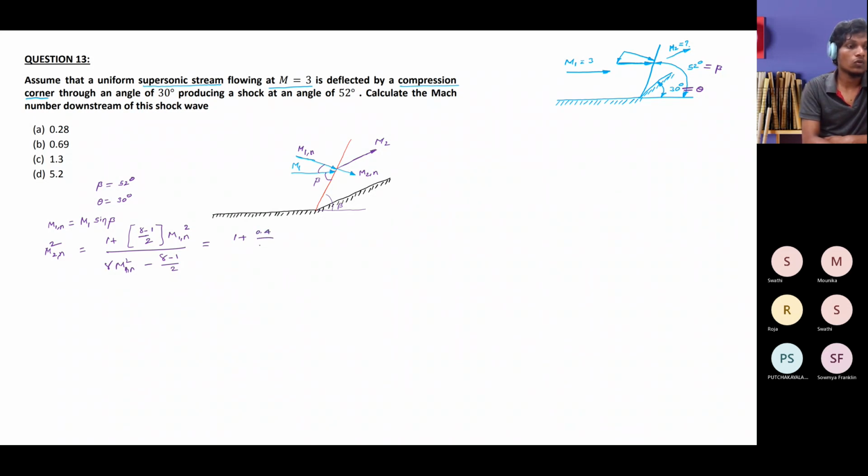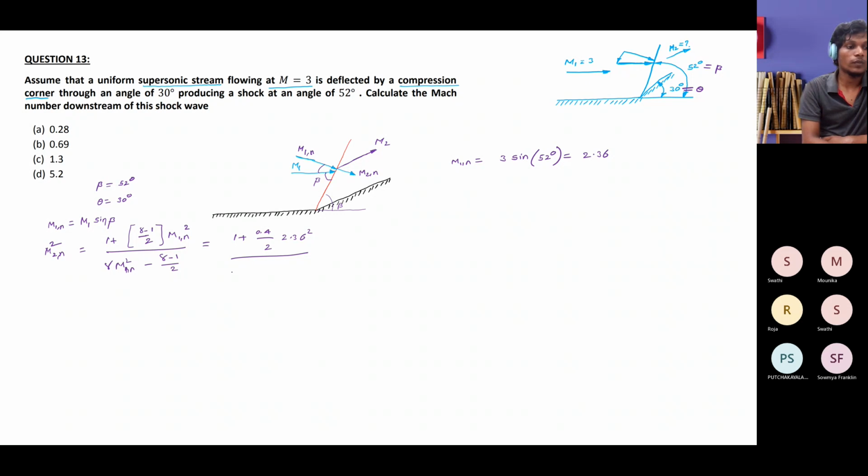0.4 over 2 times 2.36 squared. How did we get this 2.36? The M1 normal component equals Mach number 1, that is 3, times sine of the angle, 52 degrees. You will get 2.36. This is the Mach number normal to the oblique shock wave.